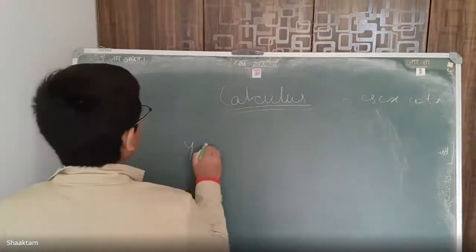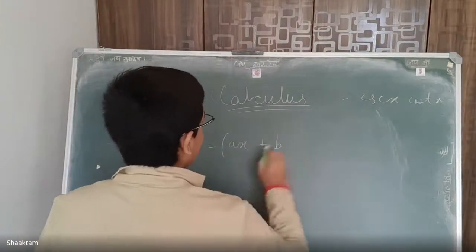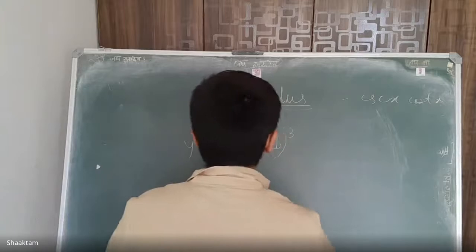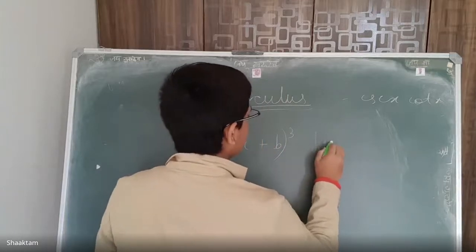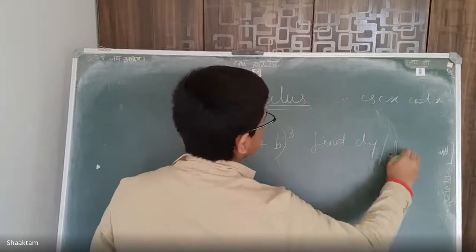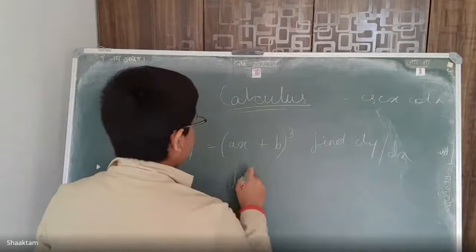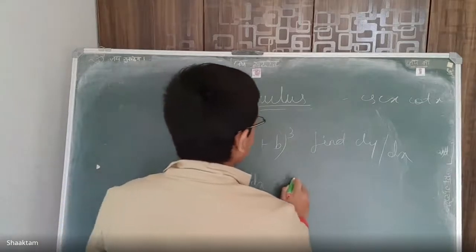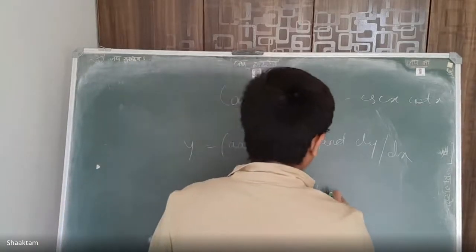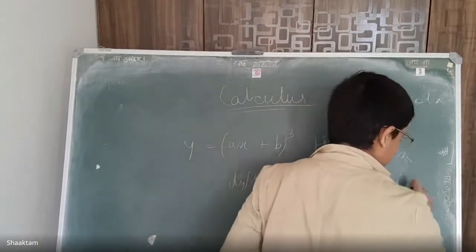If y is equal to ax plus b, the whole cube, find dy by dx. Now, what you know is dy by dx is dy by du into du by dx.